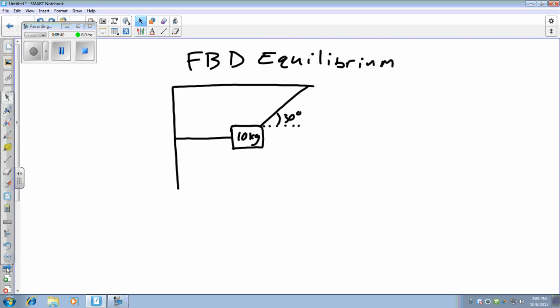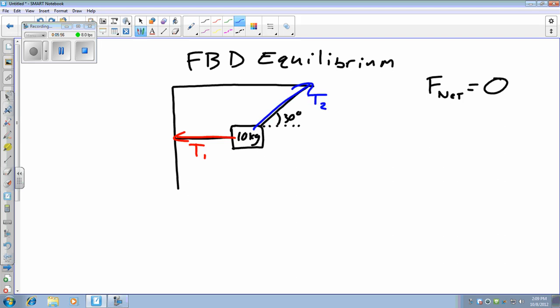In this problem, all the forces have to balance. So the net force is equal to 0. Now we have three forces here. We have tension 1, we have tension 2, and we have the weight. These three forces must be balanced.